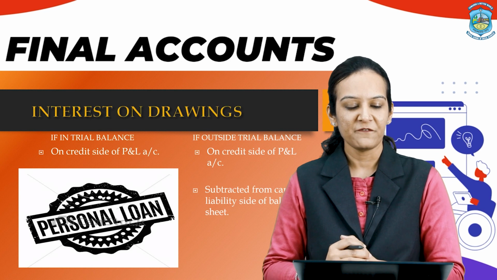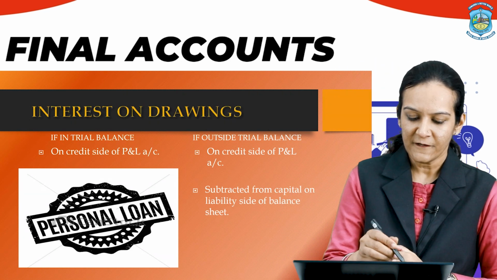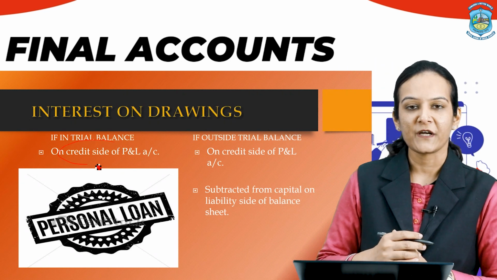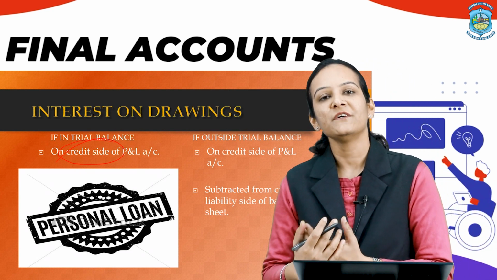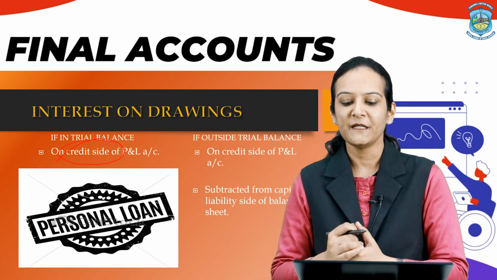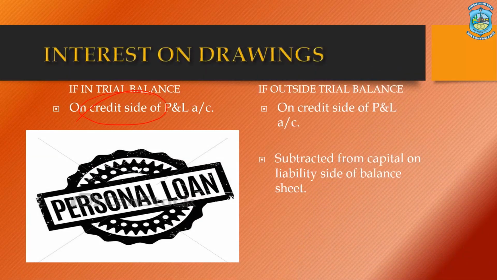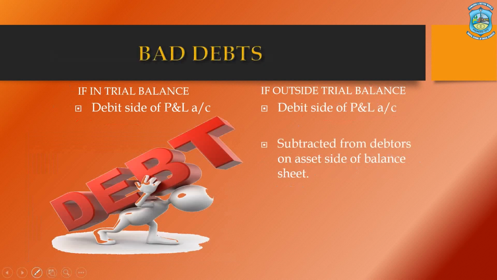If interest on drawings is given inside the trial balance, one effect, it will come on the credit side of P&L. If it is given outside the trial balance, then there will be two effects. First effect is, it will come on the credit side of P&L, and second effect will be, it will be subtracted from capital on the liability side of the balance sheet.